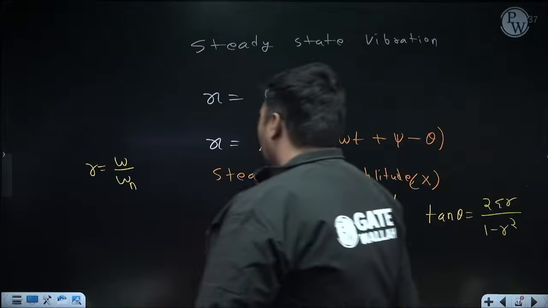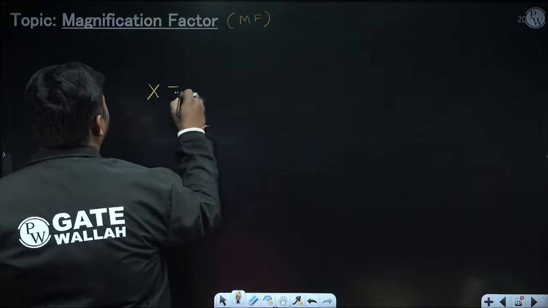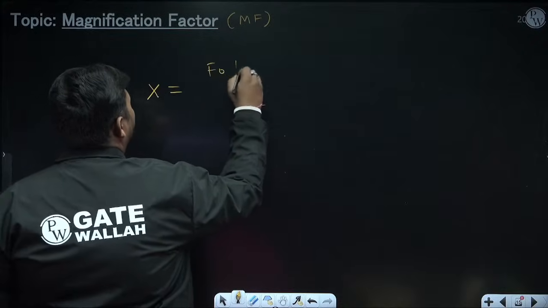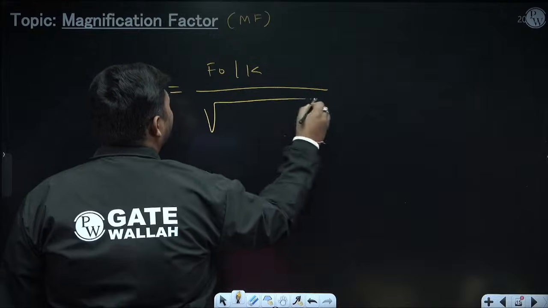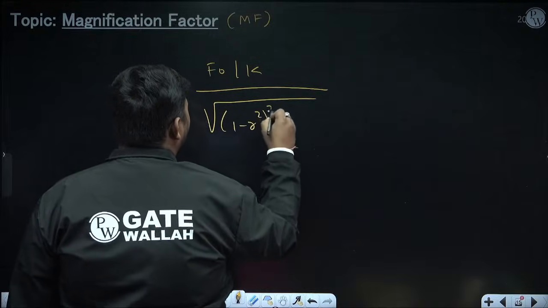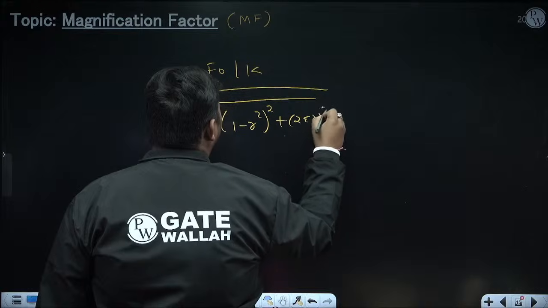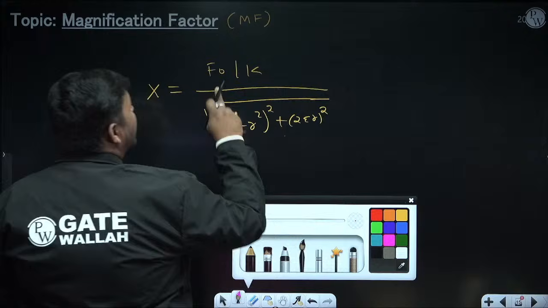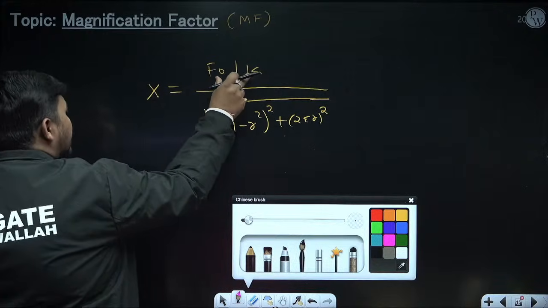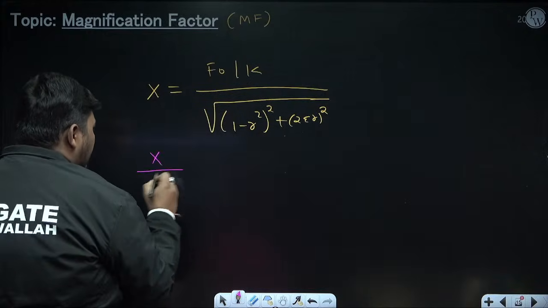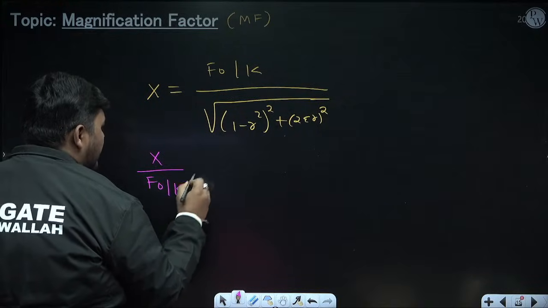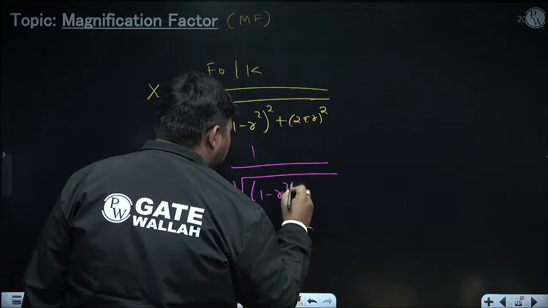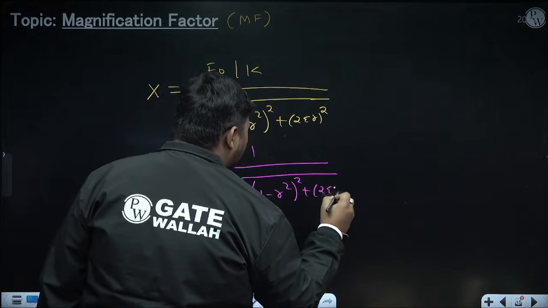So see, in forced vibration, the expression of steady state amplitude is F0 by K upon root over (1 minus r squared) whole squared plus (2 zeta r) whole squared. Now if you bring this F0 by K to this side, it is capital X upon F0 by K. This term is a dimensionless term: 1 upon root over (1 minus r squared) whole squared plus (2 zeta r) whole squared.